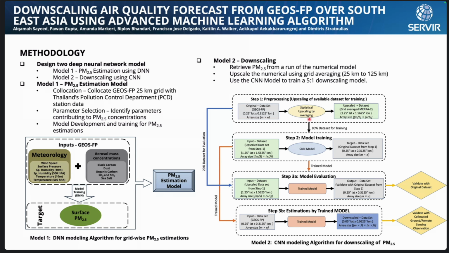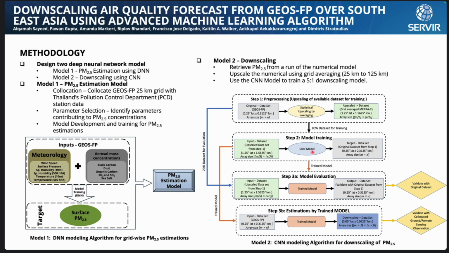So once we have a pre-processing data set, we use 80% of the data set for training and the remaining 20% of data for model evaluation. This 20% data set was never used for the training of the model. So once we have an input and a target pair, we train the model. So this model will have a 5:1 downscaling capability.